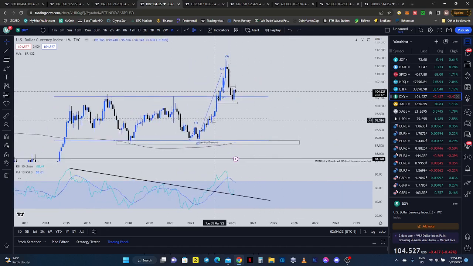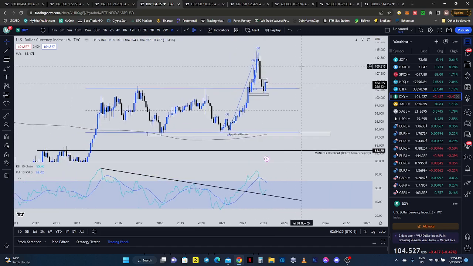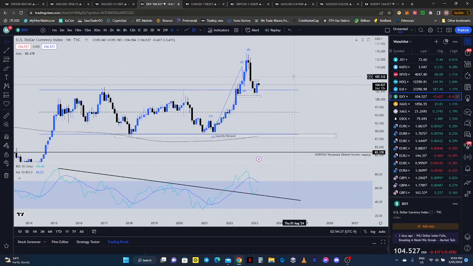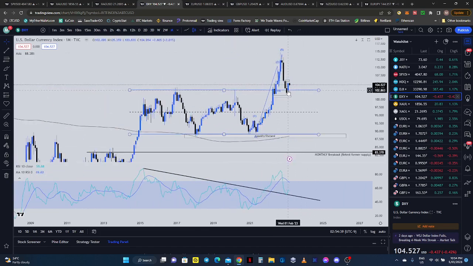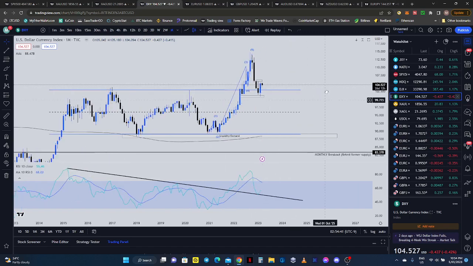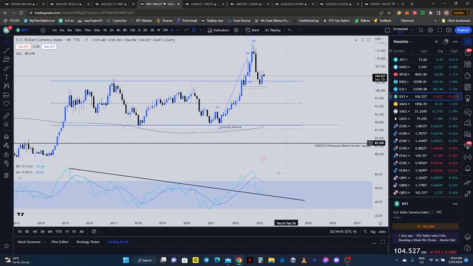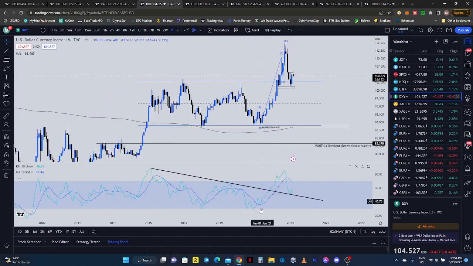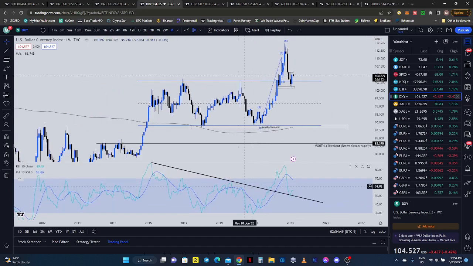Right, had that 5-wave impulse that I've counted, and then we've come down and bullishly retested the top of that range, and the monthly RSI. So again, if you look at the monthly RSI trend line, we broke out on this candle down here at 94, but depending on where we go.